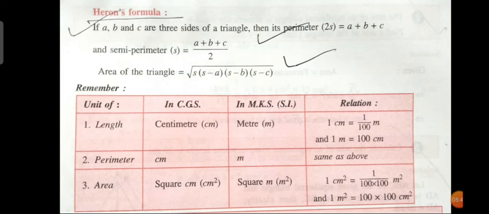This is Heron's formula for finding the area of a triangle. A table is also given for length, perimeter and area and their units, for understanding the units. Just go through that.